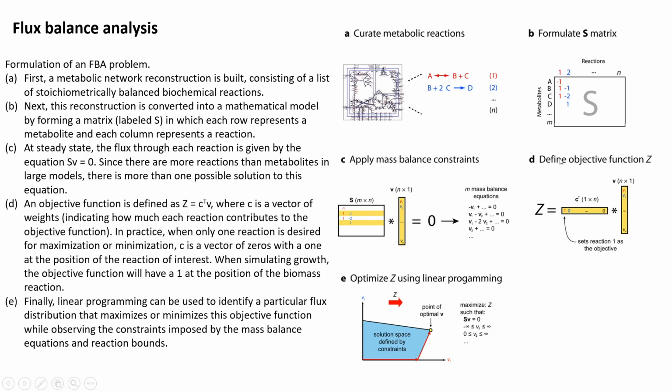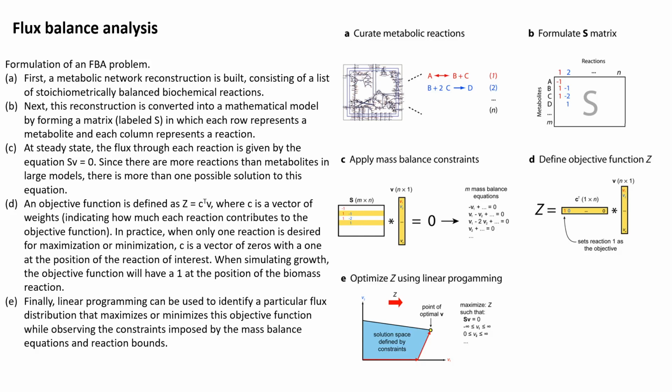So you form the stoichiometric matrix, and then at steady state, the flux through each reaction is given by the equation S v = 0. As we saw, you are at steady state, you are assuming that S times v will be 0. Now, since there are more reactions than metabolites in large models, there is more than one possible solution to this equation.